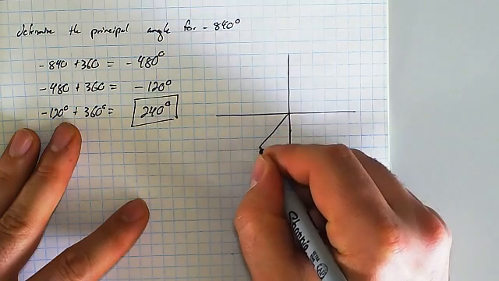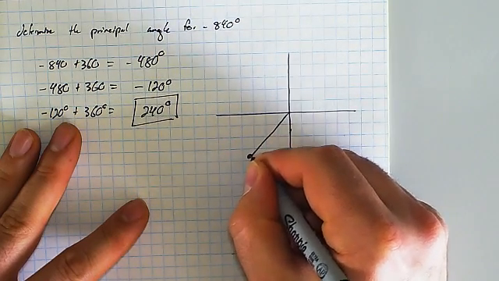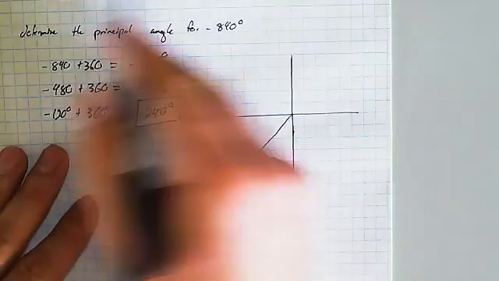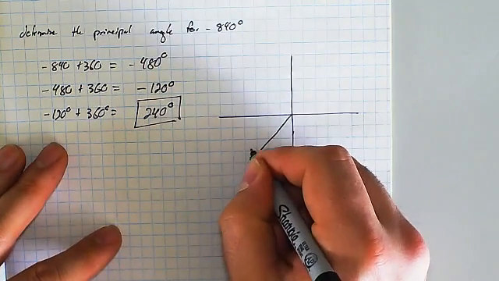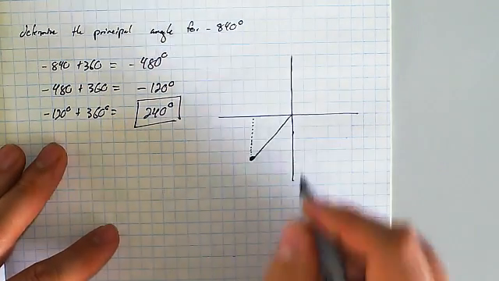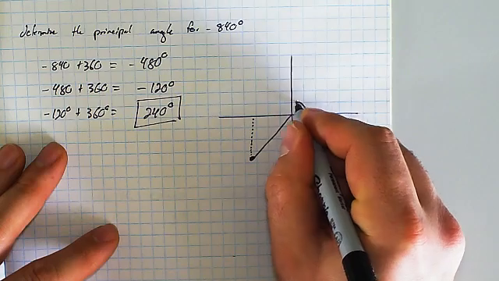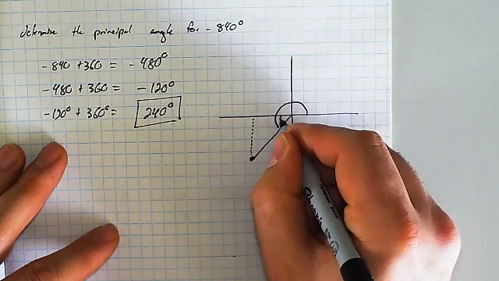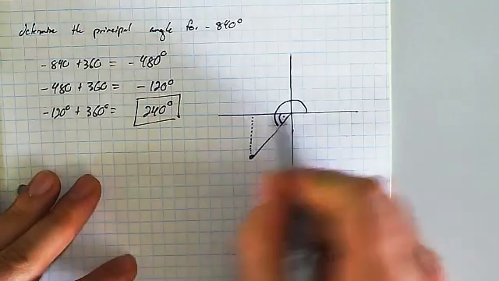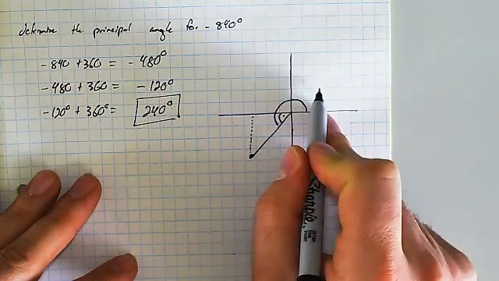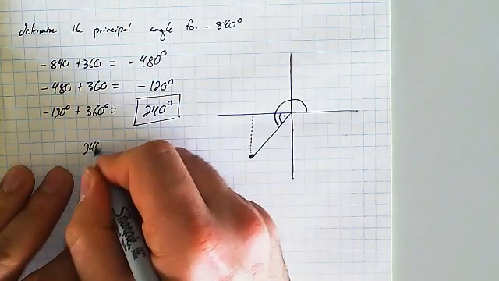I know this is 90 degrees, 180 degrees, so it's going to be about here. And because we want to find the exact value, we want to know our exact triangle. So I want to find out what my angle right here is.